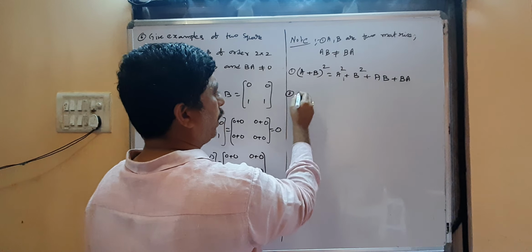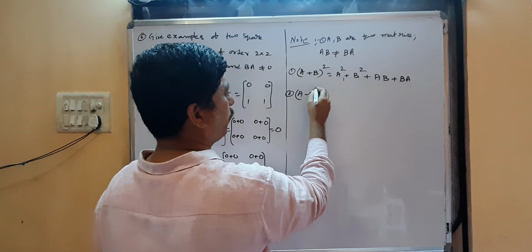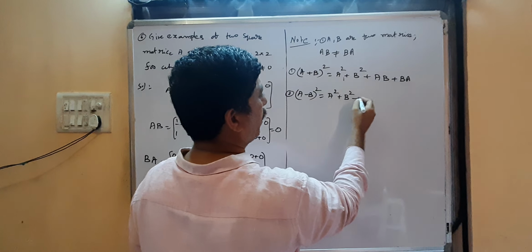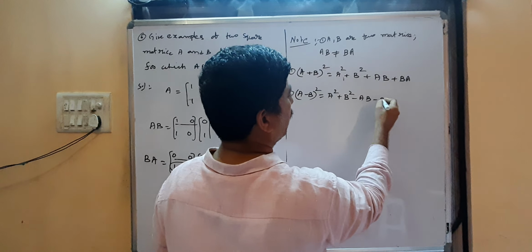Next, A minus B whole square. That is A square plus B square minus AB minus BA.